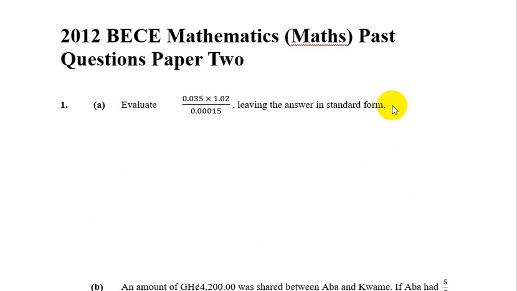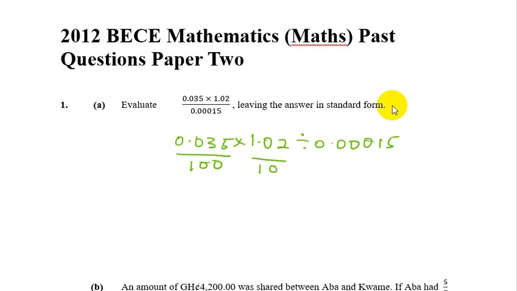So we are going to get 0.035 times 1.02, then divided by 0.00015. From here I can get a fractions. I'll get 1000 here, 100 here, there are 3 zeros, then 100000, 5 zeros here. So from there, what do we do?